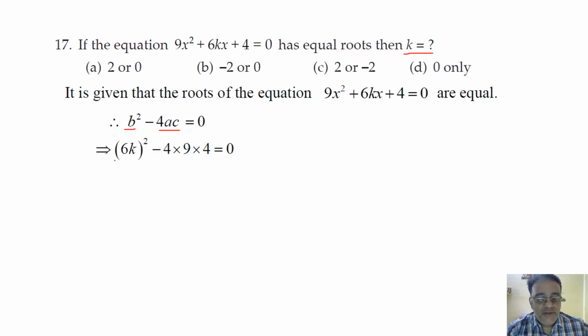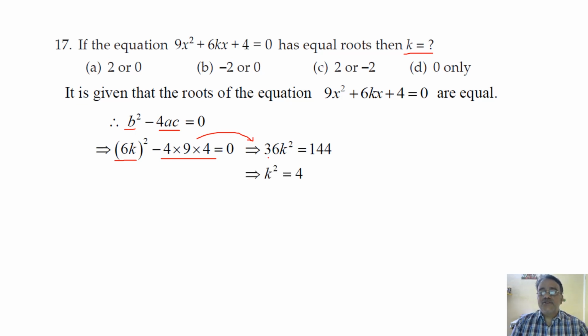So this becomes 36k square, and this will be 144. That we can shift to this side. So we are getting 36k square equals 144. Can we divide 144 by 36? 4. Yes, we are getting 4. So k equals plus minus 2. So the correct option is Option C.